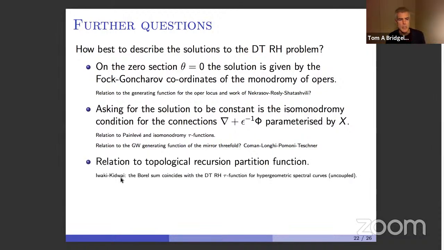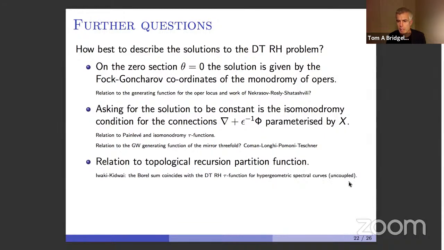And then there's also work of Kohei Iwaki and Kidwai, relating this tau function that I defined earlier to the partition function computed by topological recursion. This is for some pretty restricted class of examples, some class of spectral curves corresponding to hypergeometric functions.